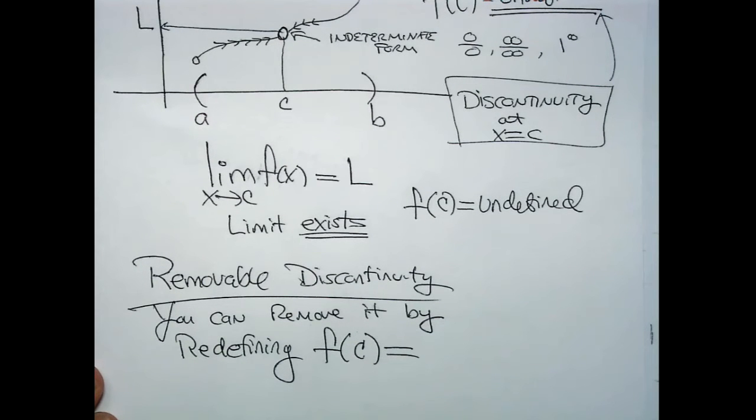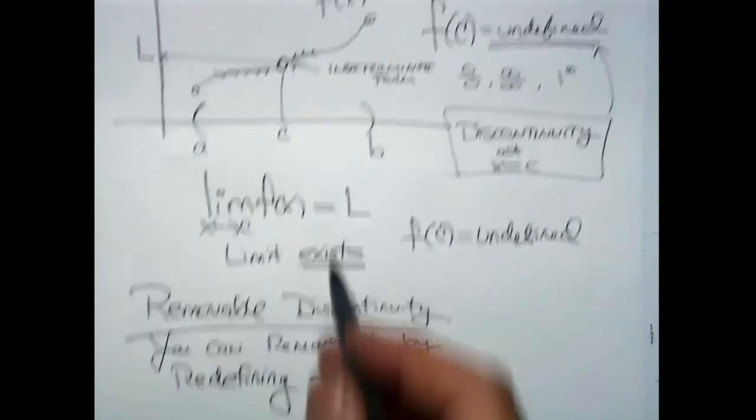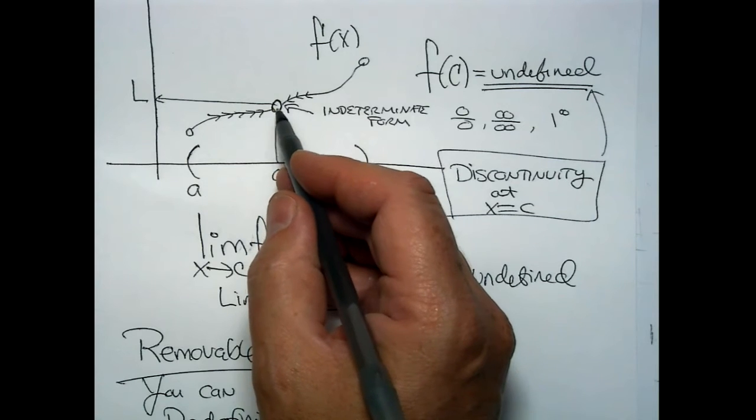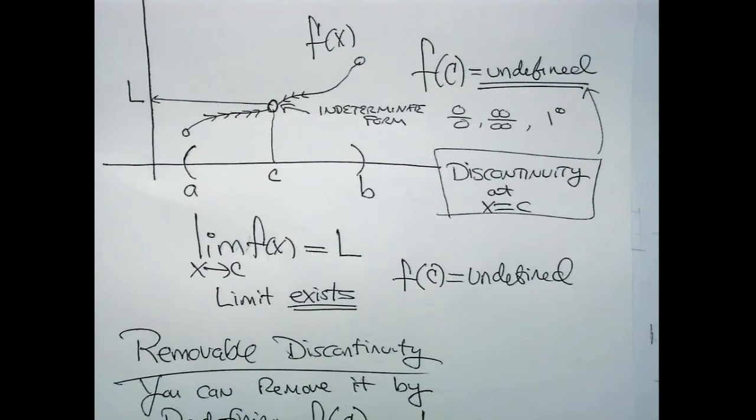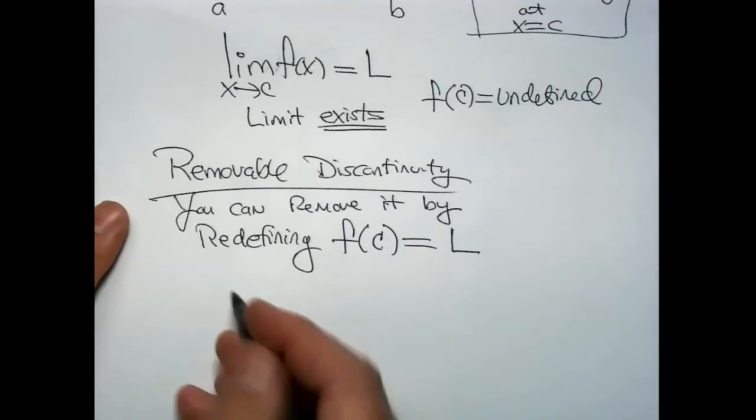Well, I think we would redefine the f of c to be L. So if you redefine f of c to be L, you have filled in the dot. And if you fill in the dot, you have removed the discontinuity and the electricity can flow again through that wire. What does that look like?